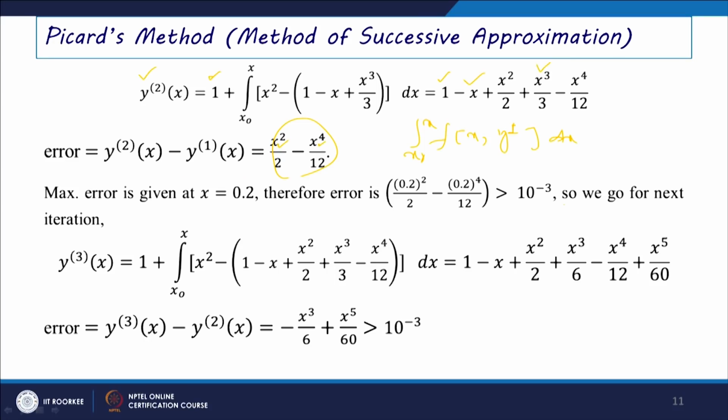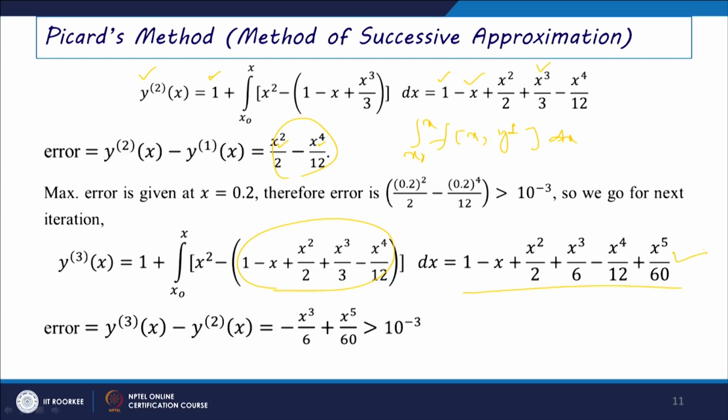In the next iteration, we write y3 of x, which is nothing but y0 plus the integral from x0 to x of f of x and y to the power 2 dx. So y to the power 2 is the whole term we just obtained. Integrating, the total term is 1 minus x plus x square by 2 plus x cube by 6 minus x to the power 4 by 12 plus x to the power 5 by 60.